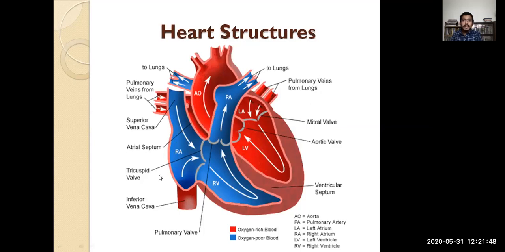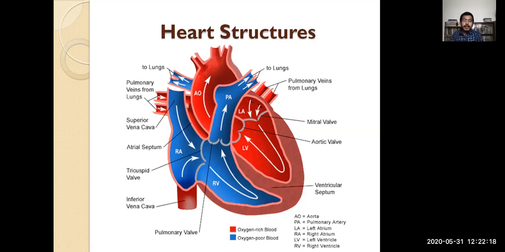Then once this impure blood arrives at the right atrium, and once this right atrium is completely filled up by the blood, then there will be a contraction of this right atrium, and due to that contraction there will be the opening of this tricuspid valve, so that the blood will drain into the right ventricle. And again, whenever this right ventricle is completely filled up with the impure blood, there will be the contraction of this right ventricle.